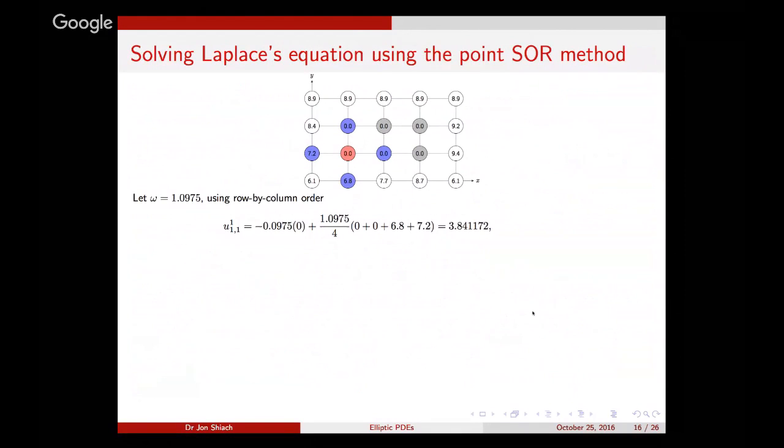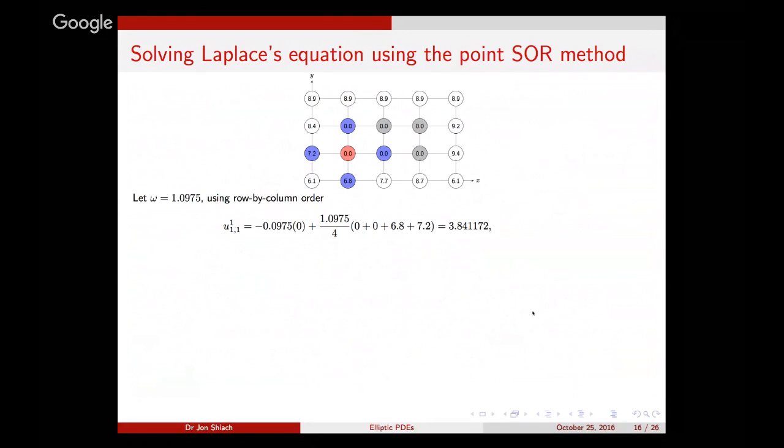Okay, so a few example calculations. That first one is exactly the same as the Gauss-Seidel because we've got a 0 starting value. Here I'm choosing omega as 1.0975. That happens to be the optimum. I'll tell you about how I calculated that in a minute.